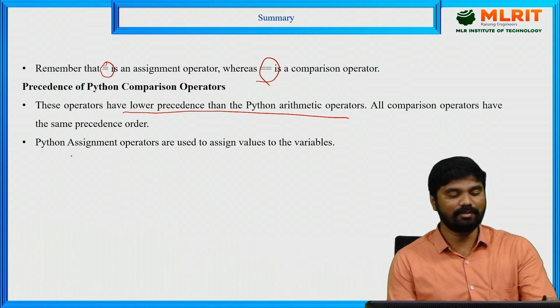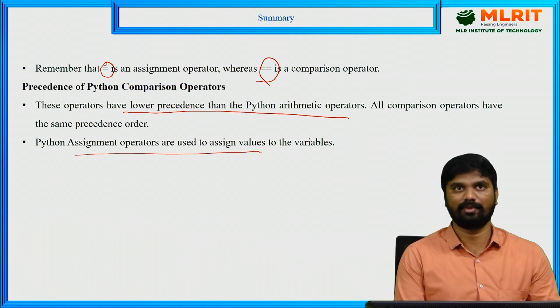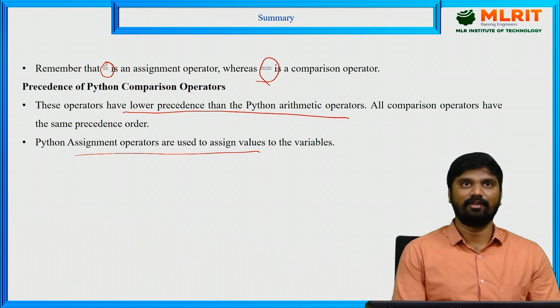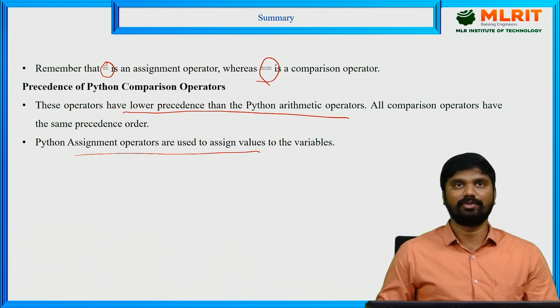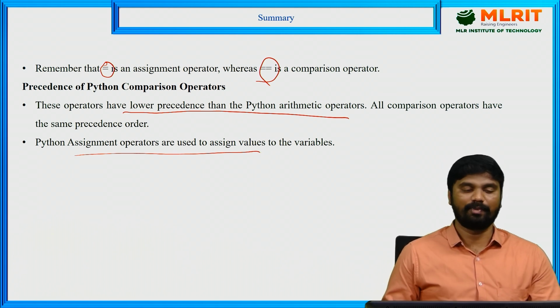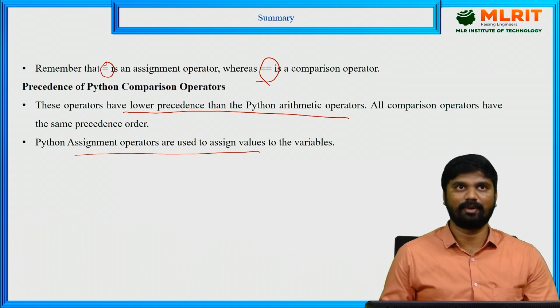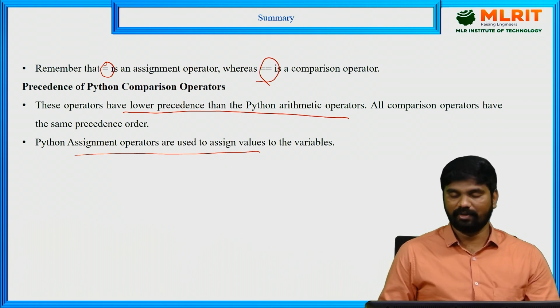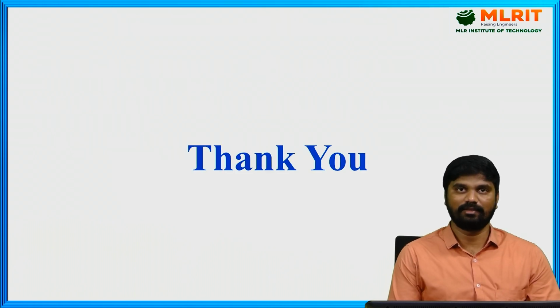Python assignment operators are used simply to assign values. So this is about Python operators, where we discussed different types of Python operators. In the next topic, we will discuss other operators in Python. Thank you.